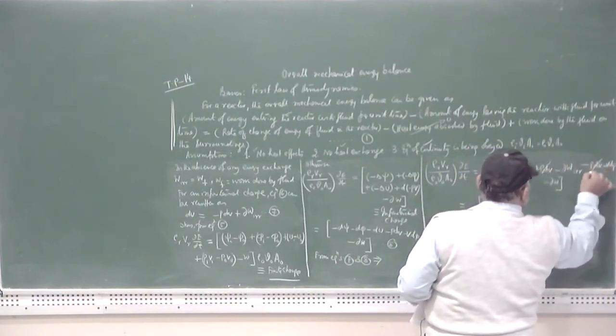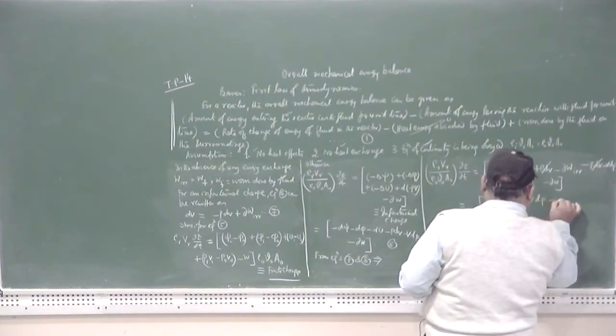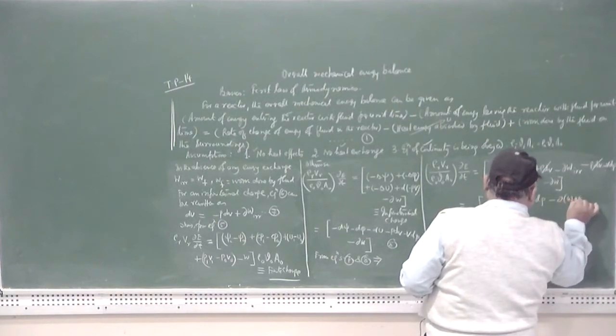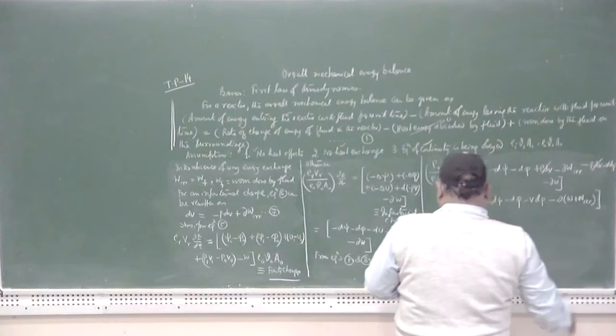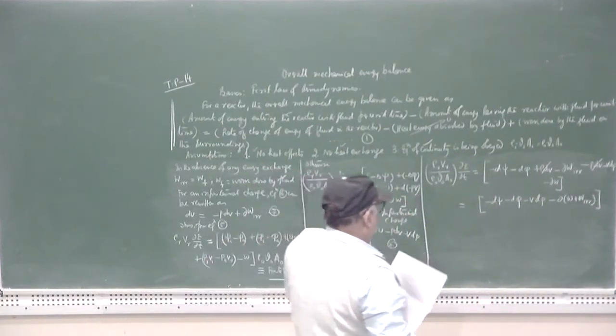So, this will get cancelled out, minus VdP minus delta W plus W irreversible, this quantity. Let it be equation number 9.